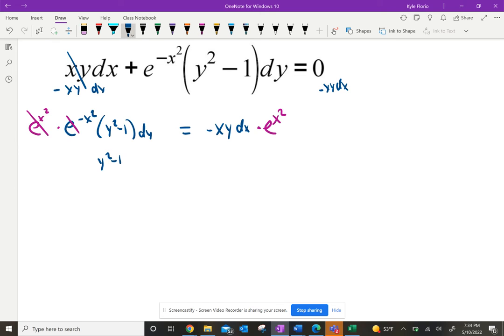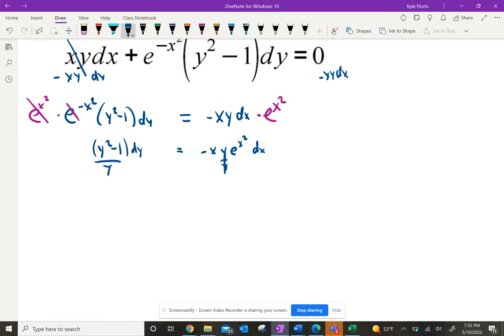So I get y squared minus 1 dy equals negative xy e to the x squared dx. So just divide both sides by y. And our variables have been separated. y squared minus 1 over y dy equals negative x e to the x squared dx.